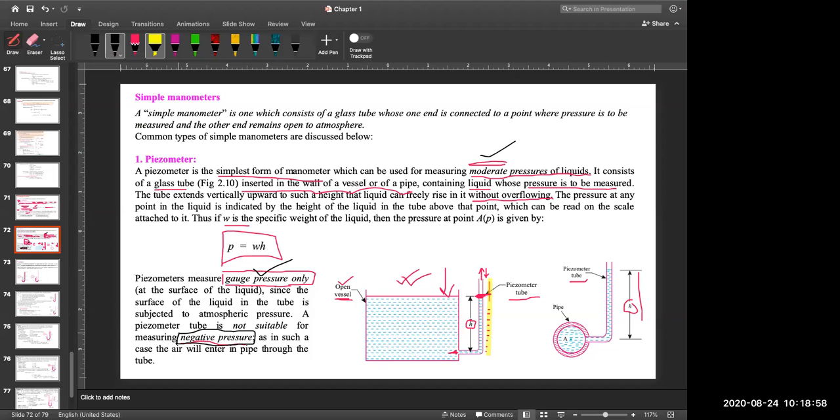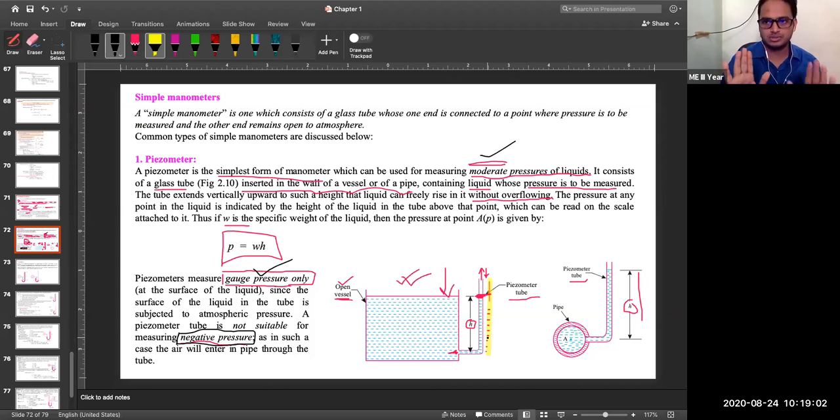It will force down, sir. It will force down. Suppose your answer is somewhat correct. Suppose we have one pipeline. In this pipeline, any gas or liquid is flowing with negative pressure.